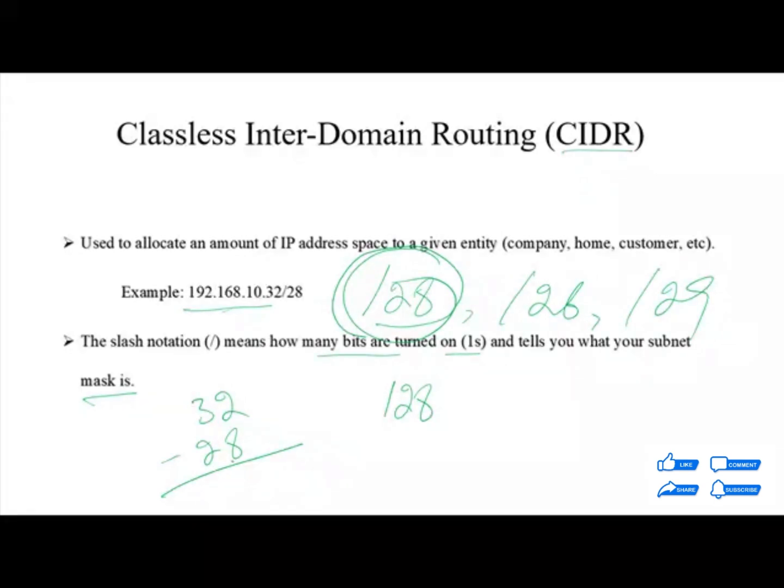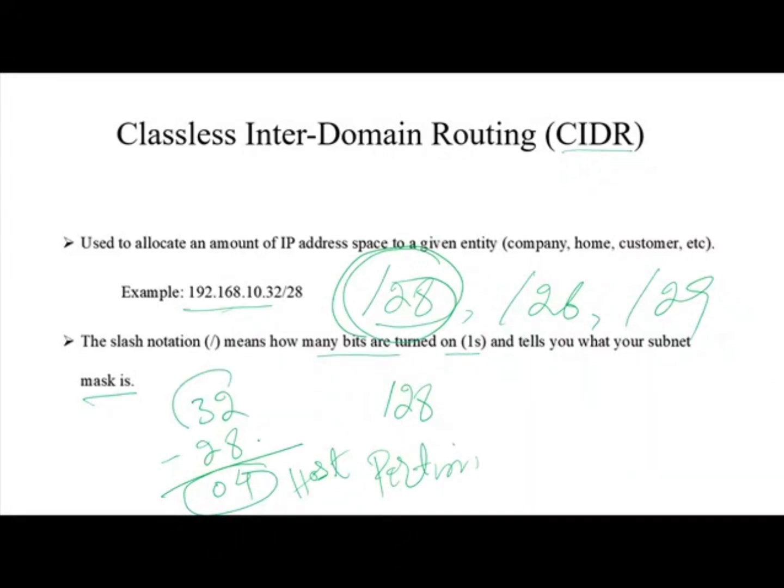If we subtract 28 from 32, what will the answer be? Four. So 4 bits are for the host portion, whereas 28 bits are for the network portion.